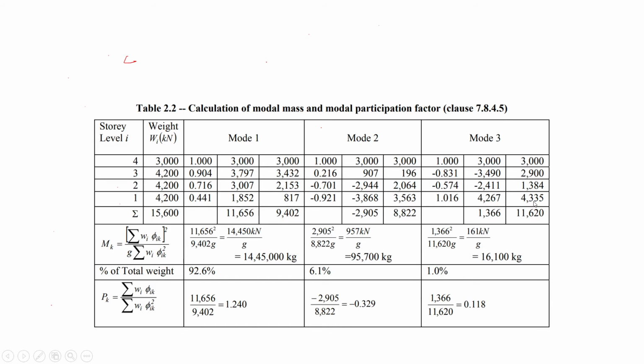Now here I have done the summation. 3000 plus 4200 plus 4200 plus 4200 plus 4200 will give me this answer.